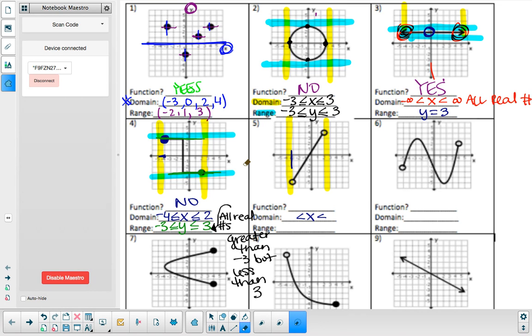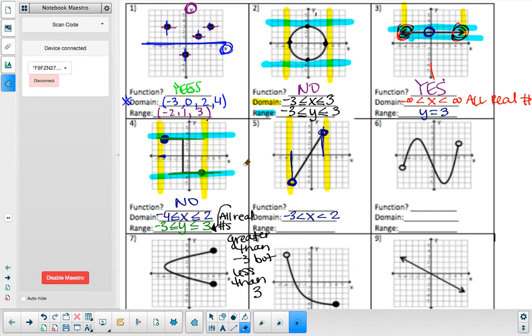My leftmost boundary is at -3. Since this is an open circle at the end, -3 is not included in the domain. So we just leave it as less than. Okay, and then on the right side, my point is at 2. And again, since this is an open circle, I do not include 2 in the domain. So we leave it as just less than.